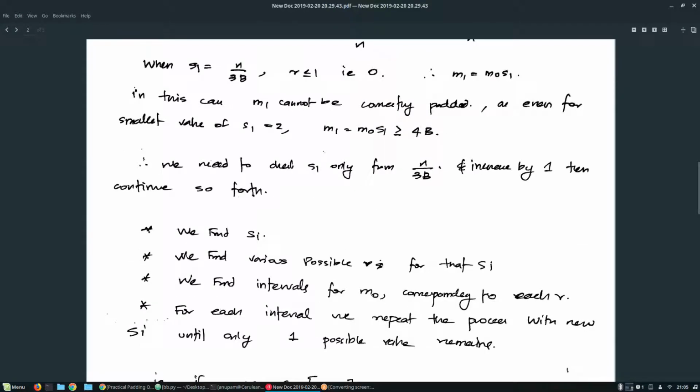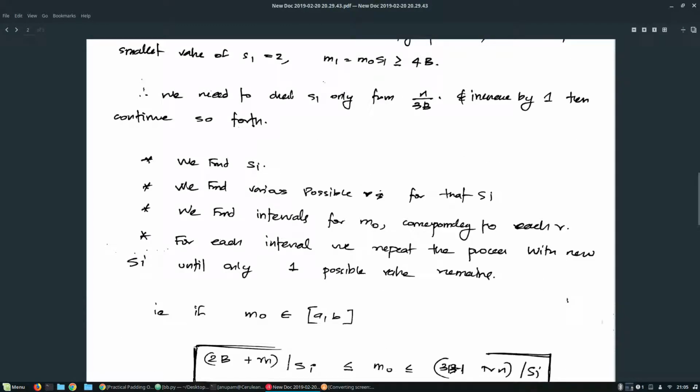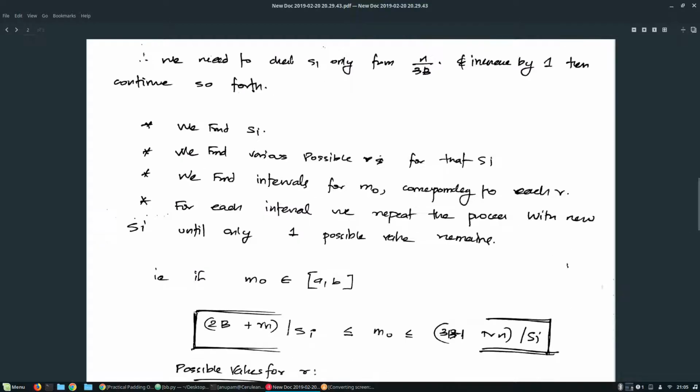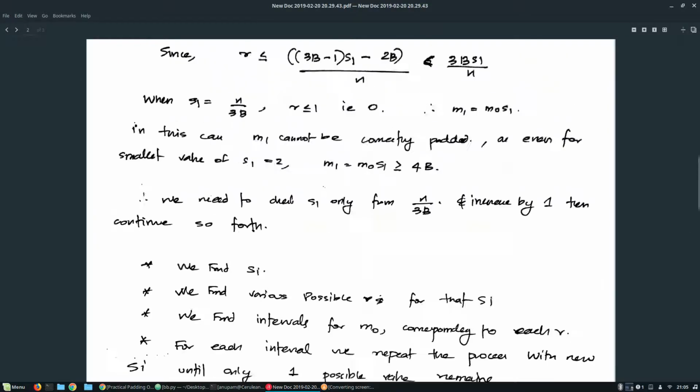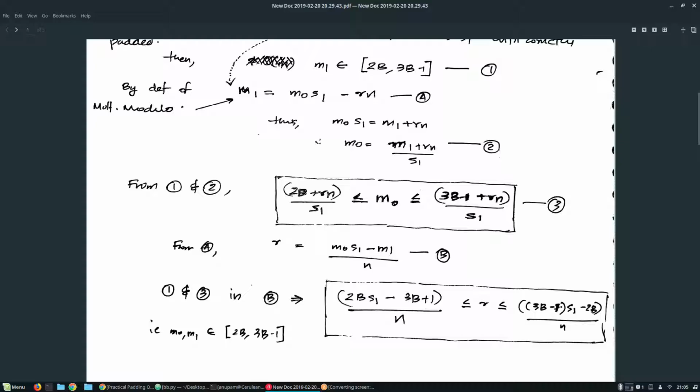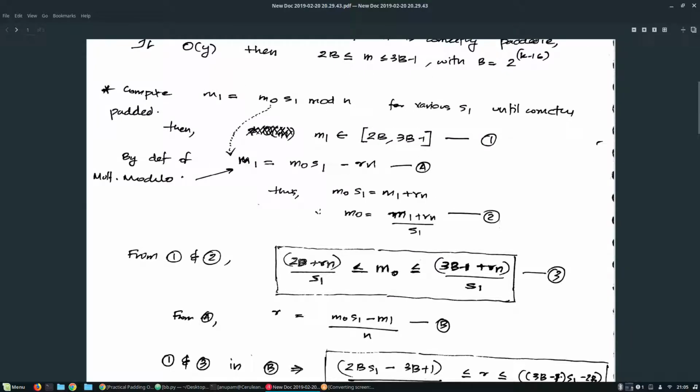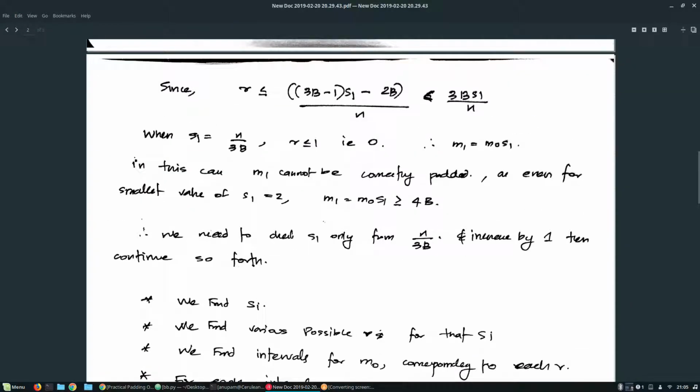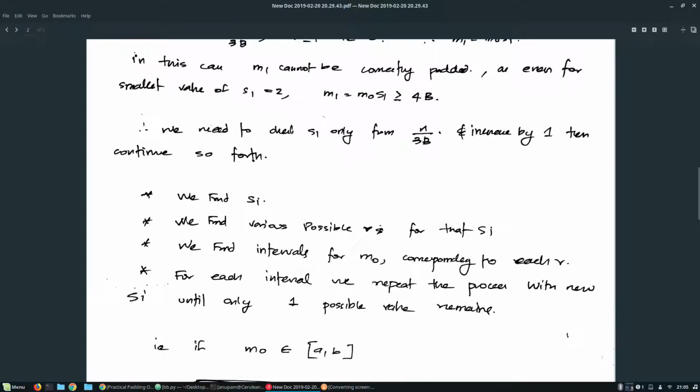So I'm just going to summarize what we discussed so far. We find an s1 which satisfies this particular equation where m0 into s1 mod n is equal to m1, and m1 satisfies our particular padding scheme.